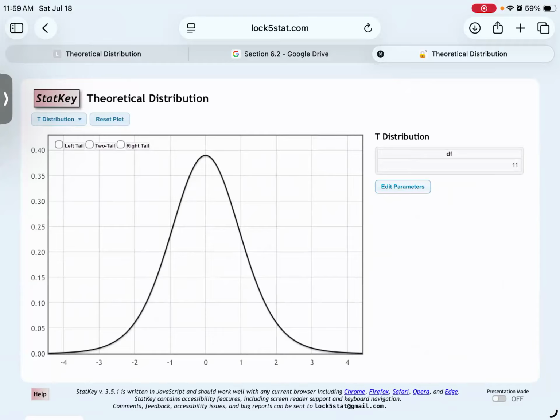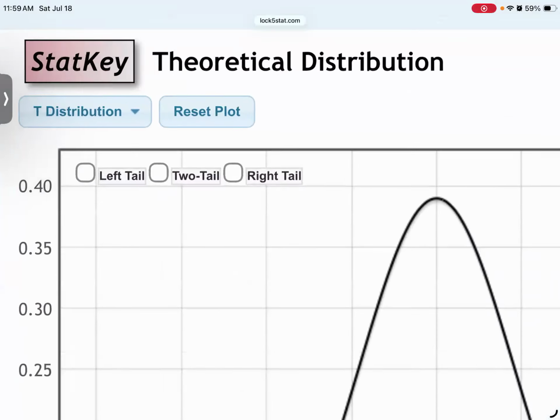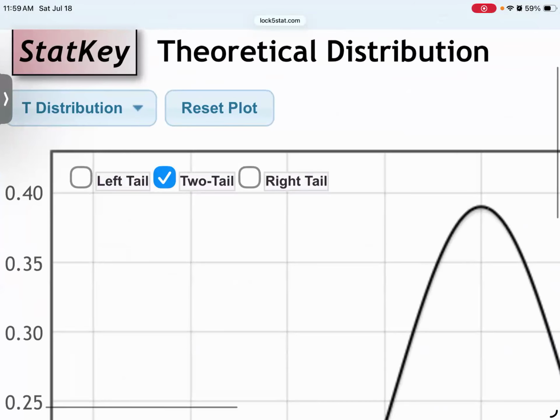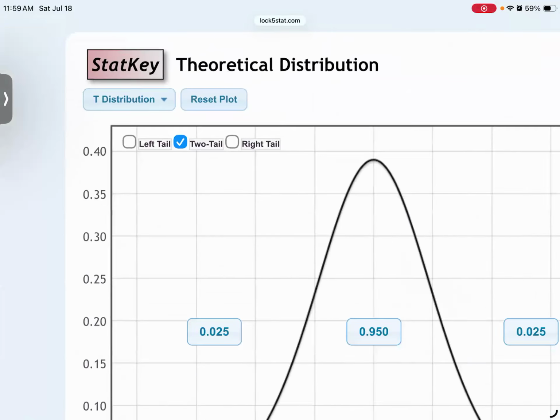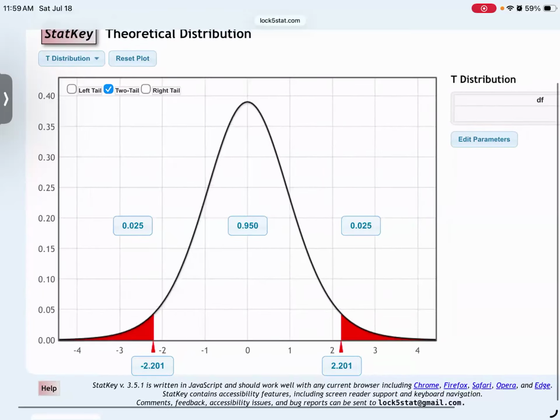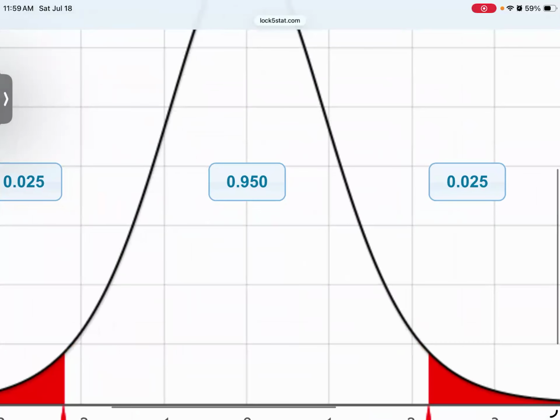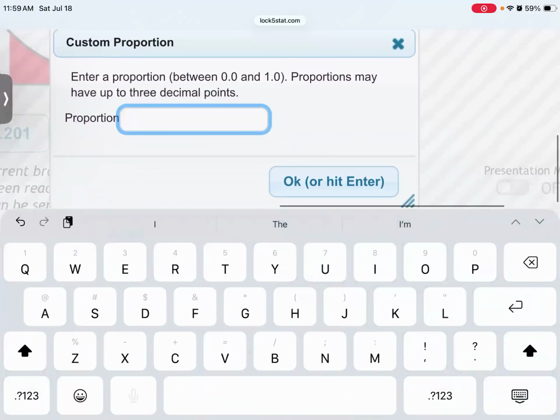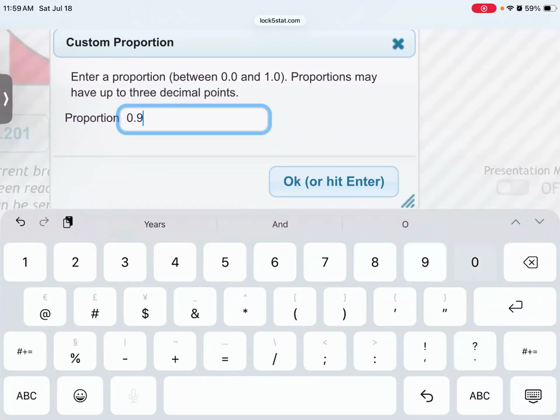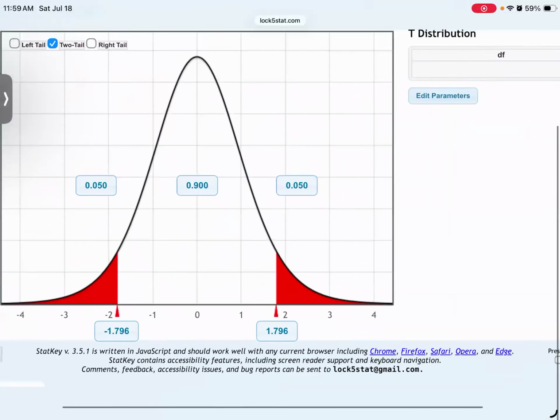And again, we're not doing hypothesis tests right now. We're not doing left tail, right tail. We're doing a confidence interval, which will always be the two tail that you want to click on. Now, immediately it defaults to 95%, but suppose we only want 90. So we'll click on the 0.95 and change it to 0.90, click OK.